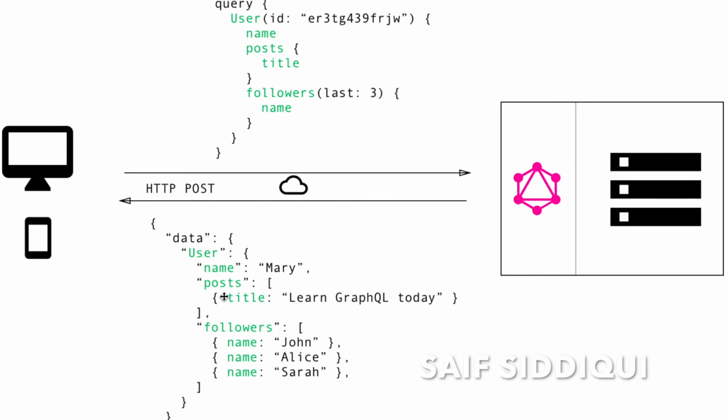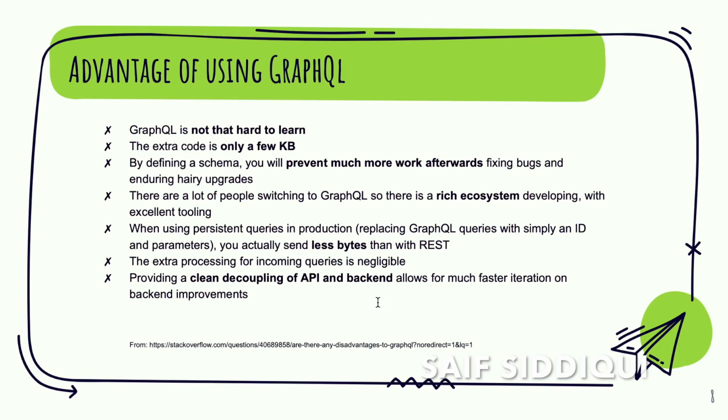But if I don't want the title, I can just remove the title, and it will not fetch the data of the title. So as you can see, we don't need to maintain different endpoints for different data fetching. We are not doing any extra overfetching from the GraphQL API, unlike what we do in REST APIs. Let us see the advantages of using GraphQL.